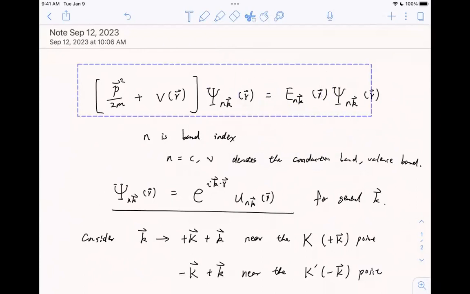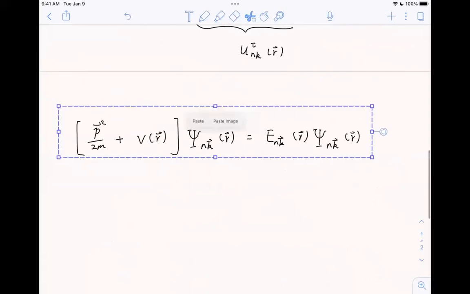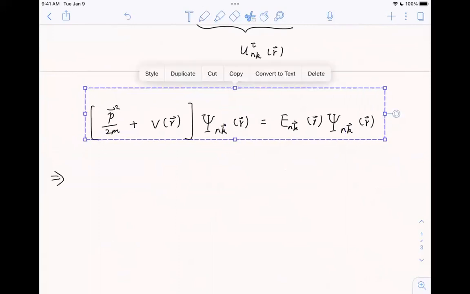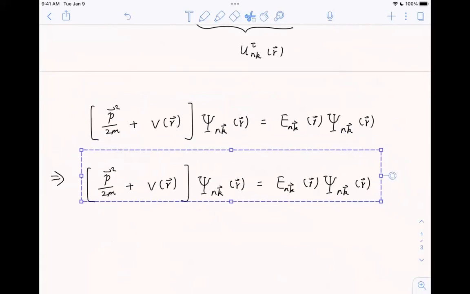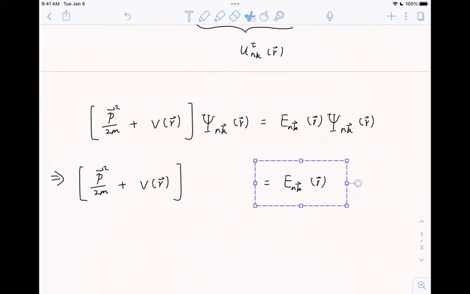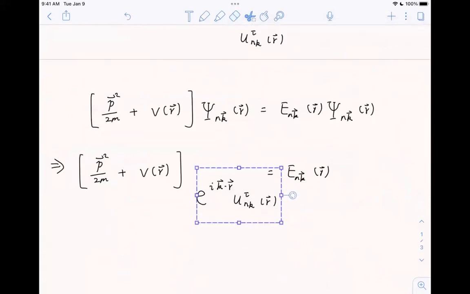Okay, so this one will become, copy, and then I'll take this expression and put it here.